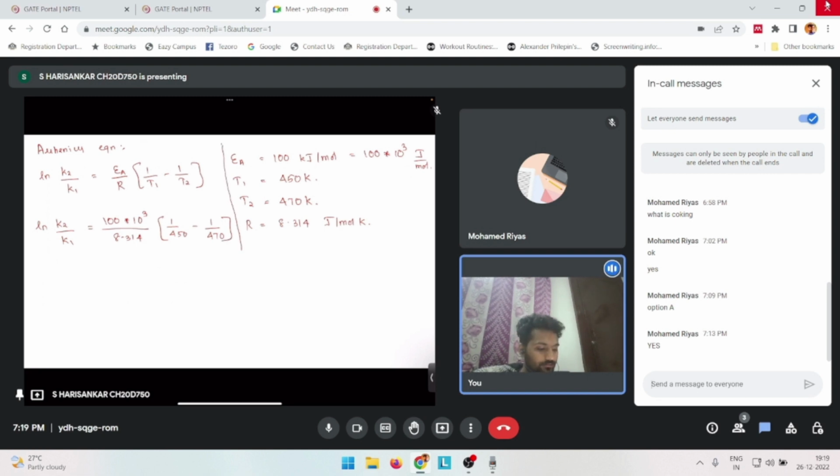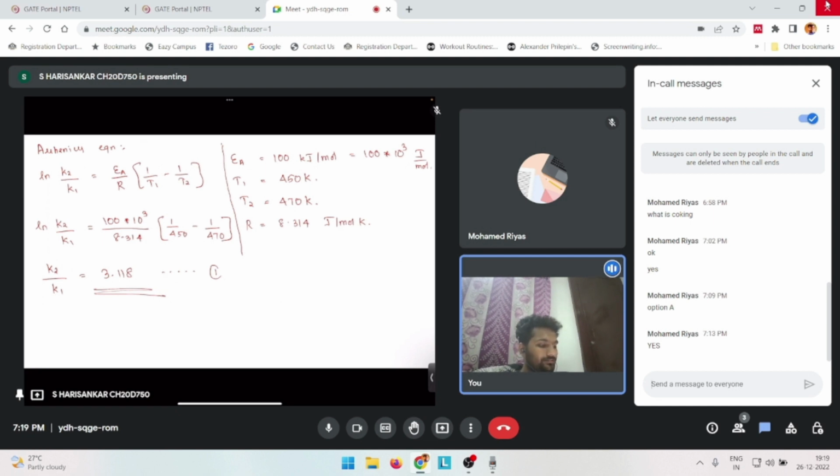So solving this and taking the exponential, we can get k2 by k1 is equal to 3.118. So let us take this as equation 1.